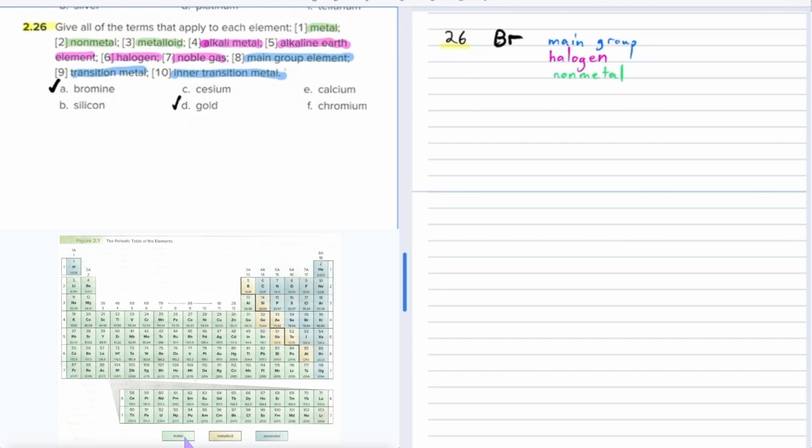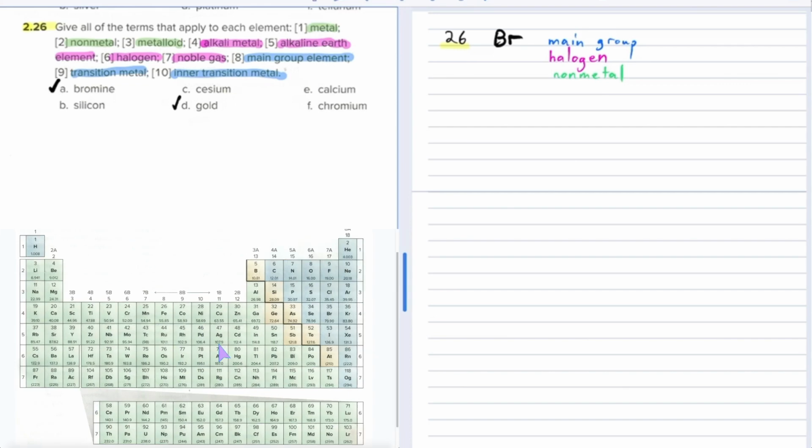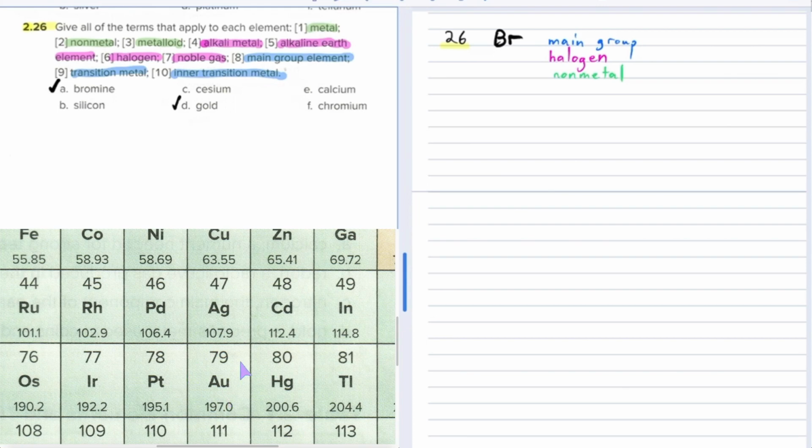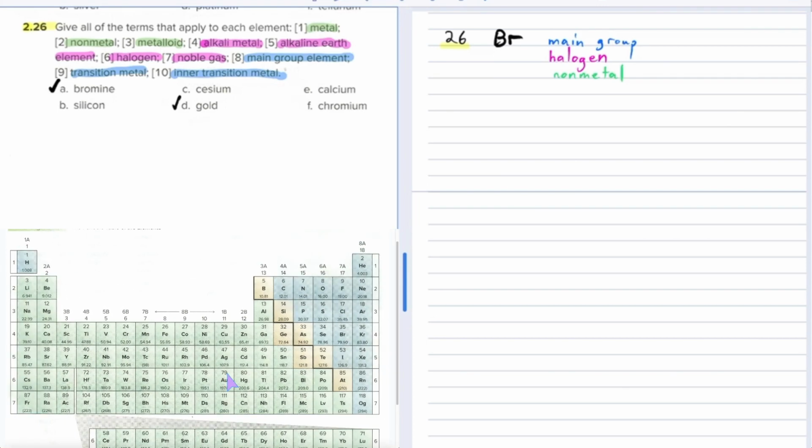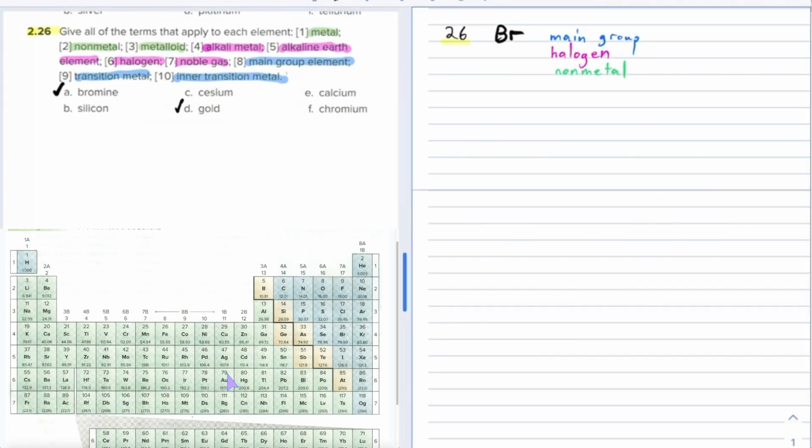The metals on figure 2.1 are the green ones. So gold is right there, element number 79. Au, that's gold. This is a metal.